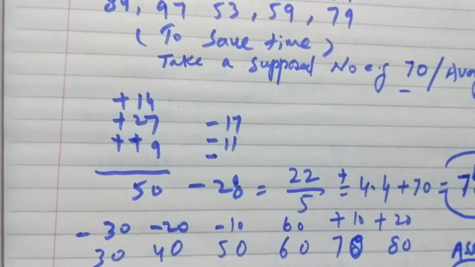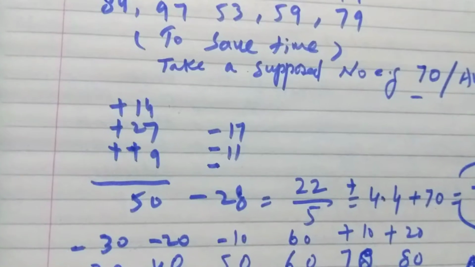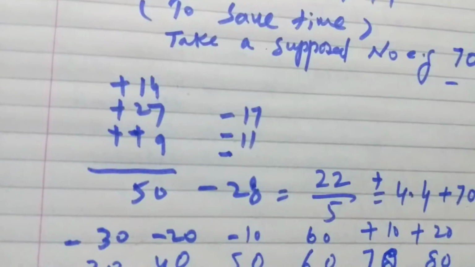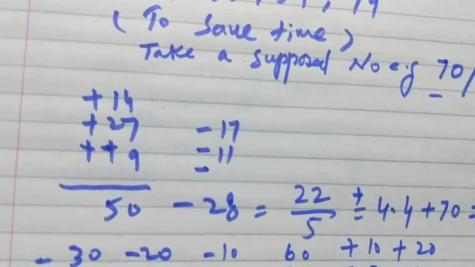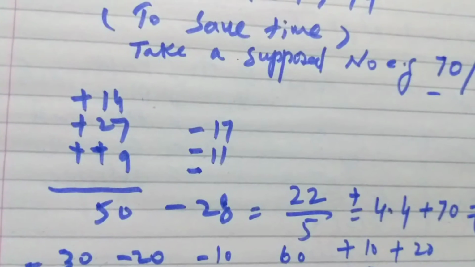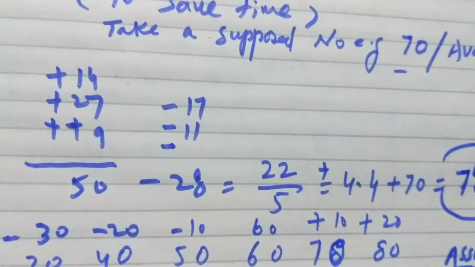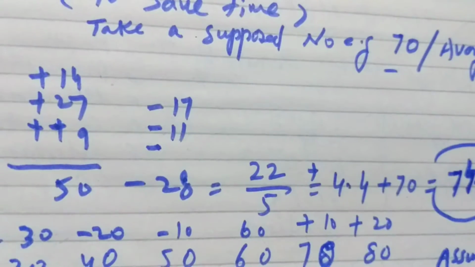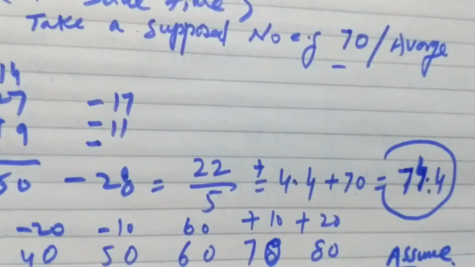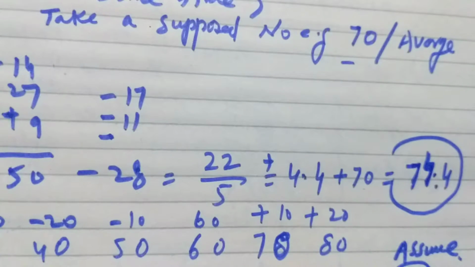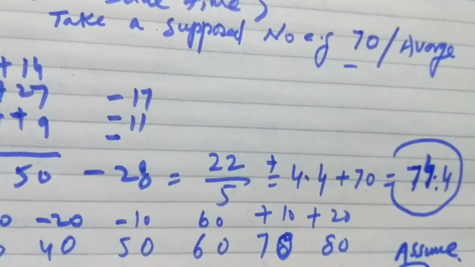Add these values which are more than 70. 14 plus 27 plus 9 is equal to 50, and then the values which are less than 70 are 17 and 11, equal to 28. 50 minus 28 is equal to 22, when divided by the total number of values which is 5, is equal to 4.4, which is the value with positive sign.